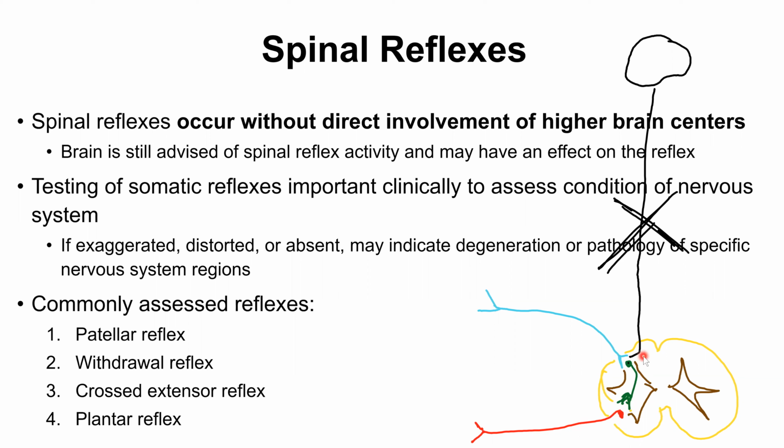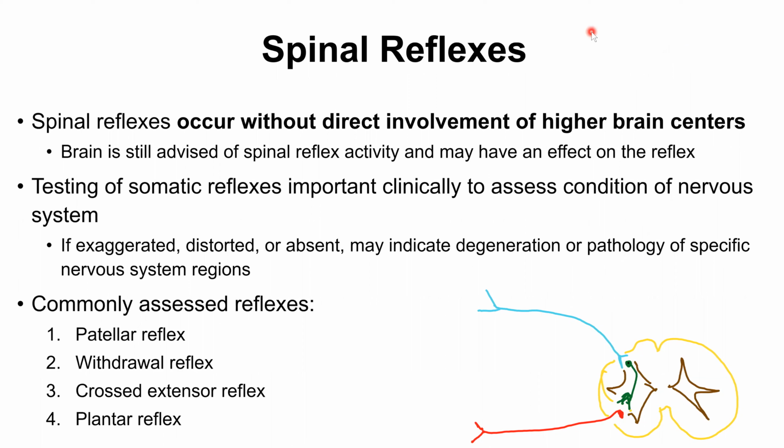If we have to send that information all the way up to the brain, has to integrate it, send the information back down to the motor neuron and then to the effector, that takes time. And so spinal reflexes are really great ways to receive information and respond quickly to that information. So we don't actually necessarily need the input of the brain for our spinal reflexes.